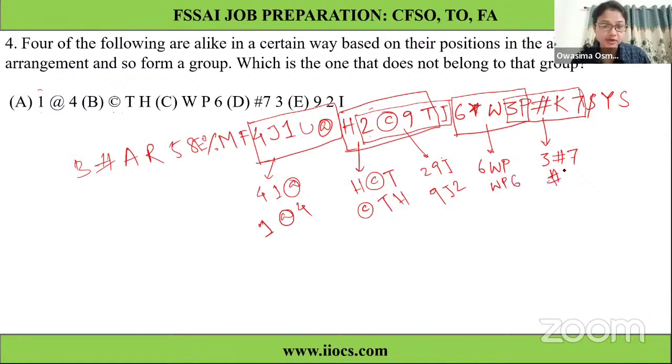Second term, third term, first term. So WP6 also matched. Hashtag 7 is also matched. It is also matched, and it is also matched. But only option E doesn't match. So option E will be the right answer.